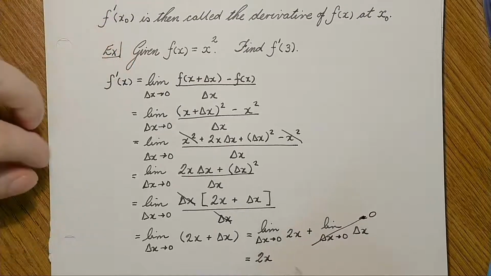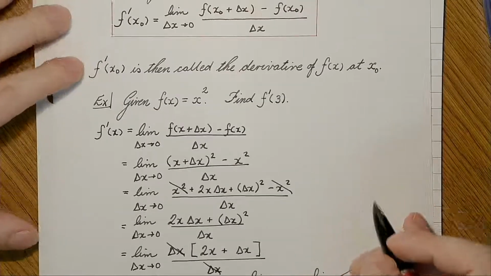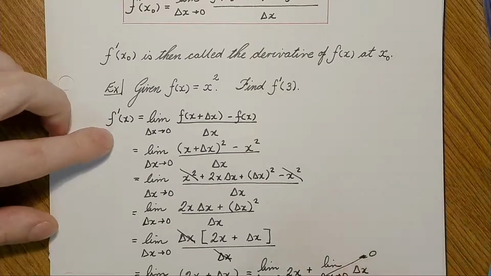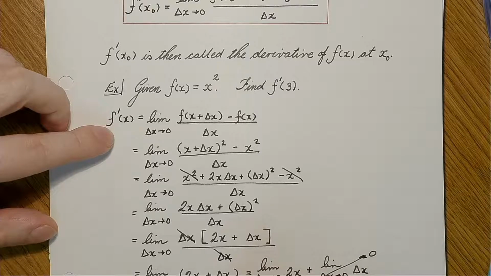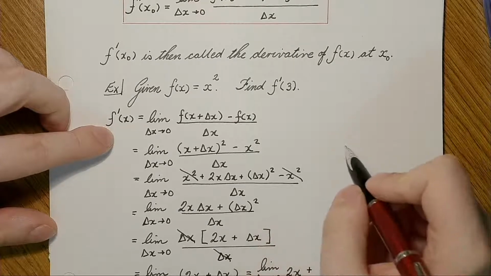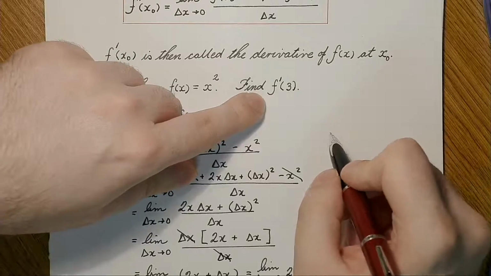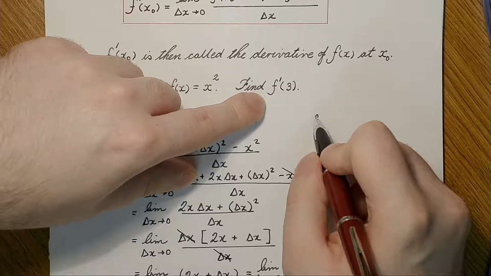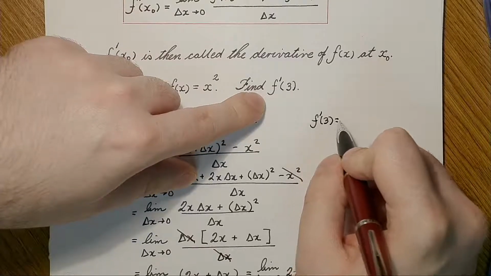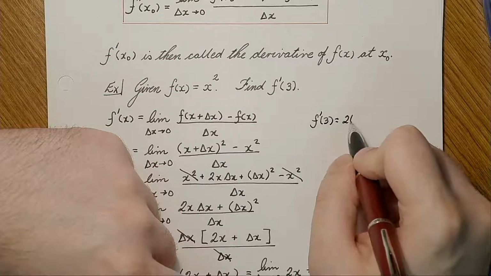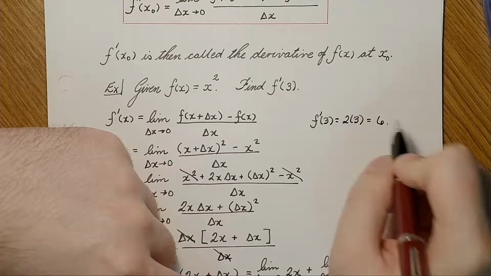So I'm just left with 2x. That's my derivative. And I'm still asked to find what f prime of 3 is. So f prime of 3 is equal to 2 times 3, which is 6.